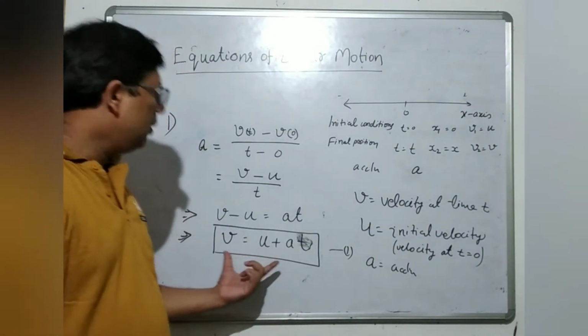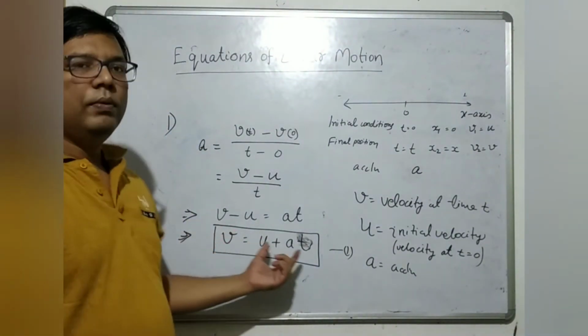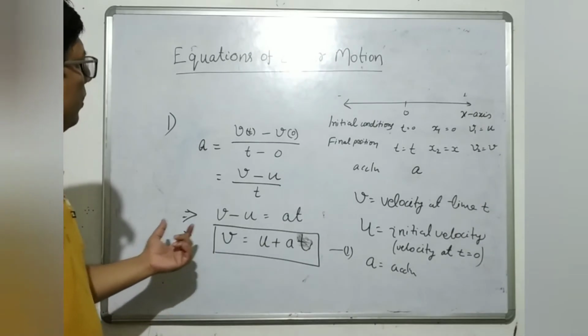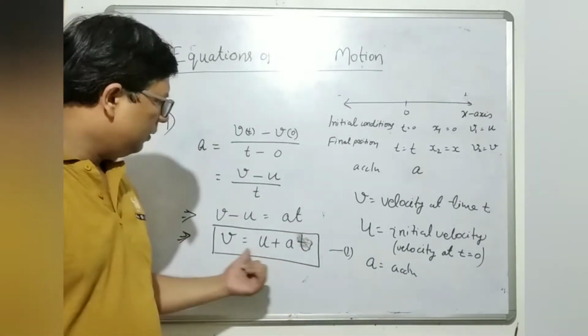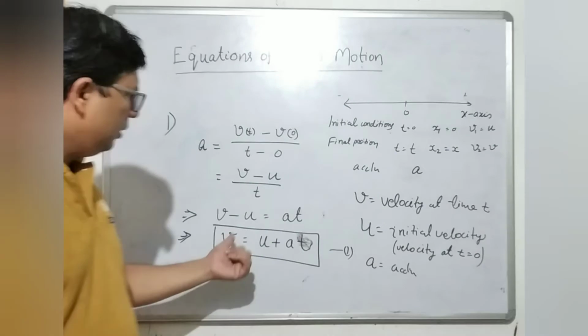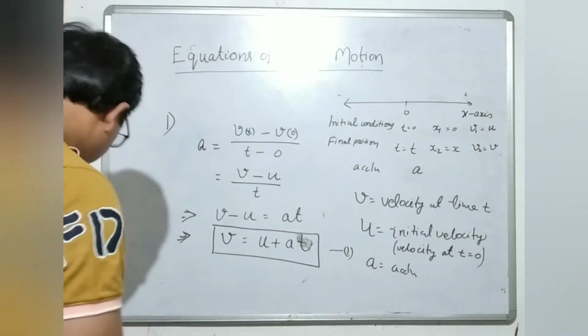So this is our first equation of linear motion: v is equal to u plus at.